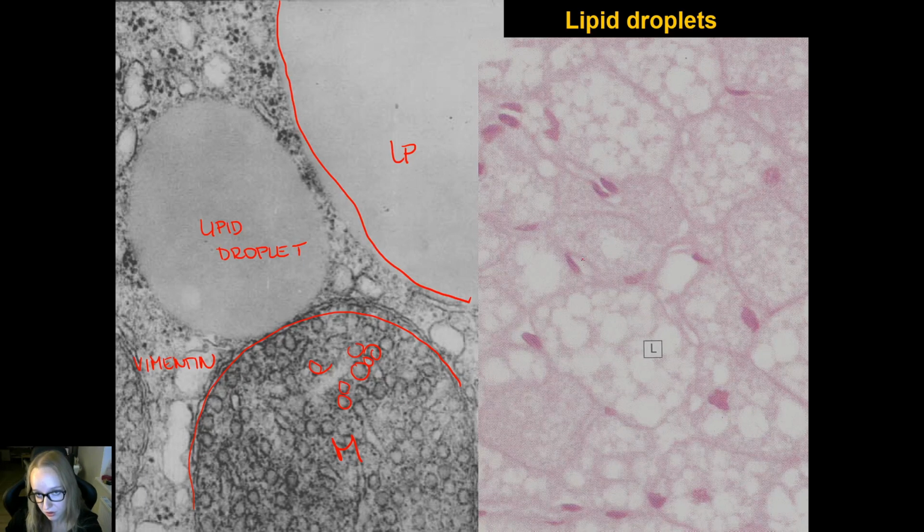And here we have lipid droplets in light microscopy. These are these blank spaces.